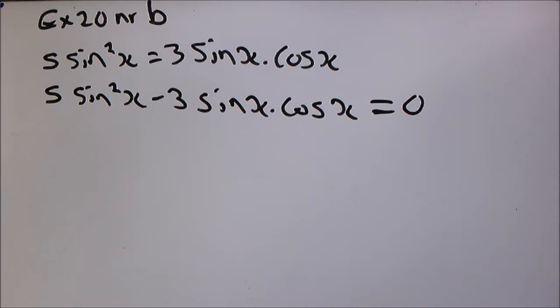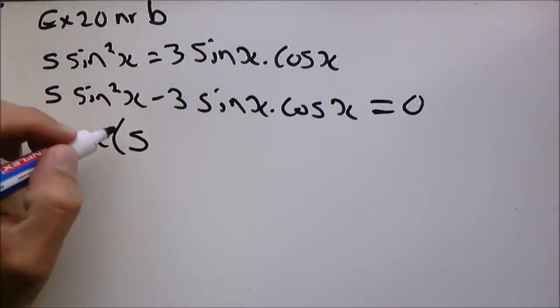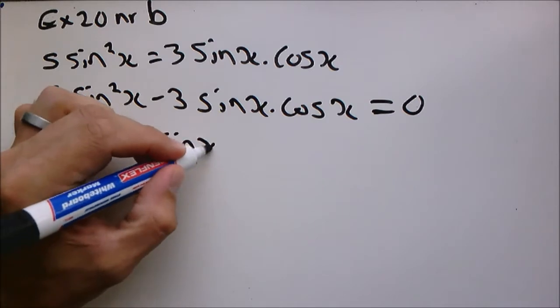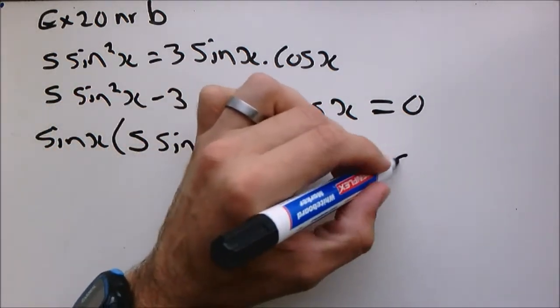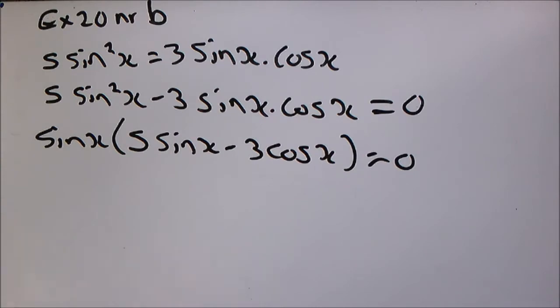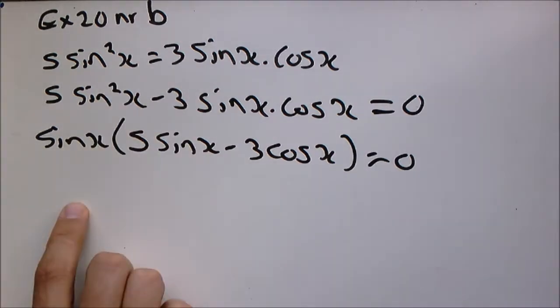Okay, now let's factorize and take out the sine x, and then what remains is 5 sine x minus 3 cos x, and you would have left out this part of the solution if you just cancelled out.